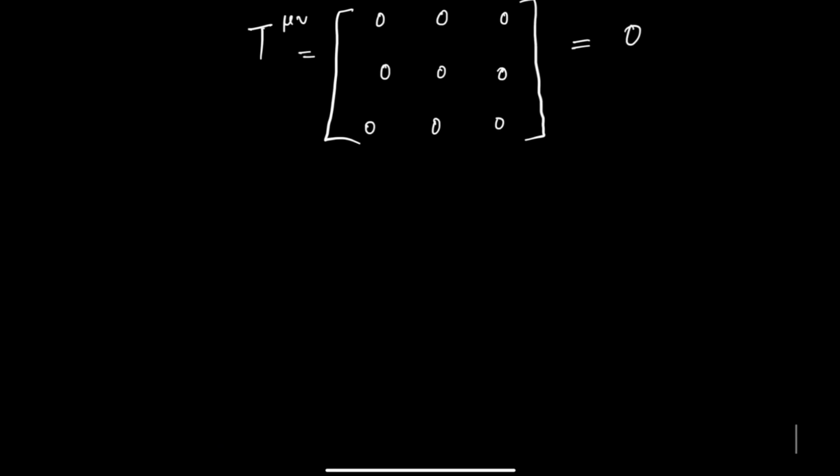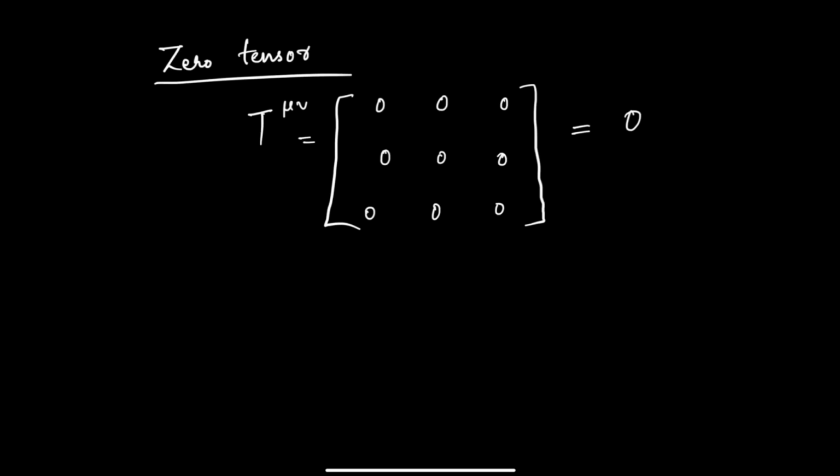It is important to define the zero tensor because if you want to do addition and subtraction, the tensor algebra is defined only if you have a zero tensor. For example, if you need an additive inverse, then you need a zero tensor. To describe an additive inverse, you need a zero tensor. So that is the importance of the zero tensor.